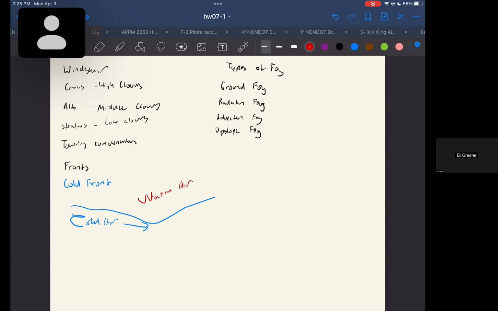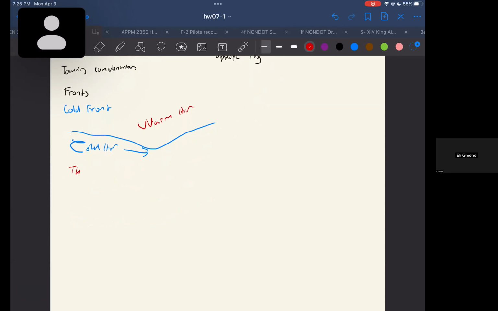We will talk briefly about thunderstorms, and why they're dangerous to aircraft. The big thing to understand is there are 3 stages to a thunderstorm. There's the cumulus phase, there's the mature phase, and there's the dissipating phase.